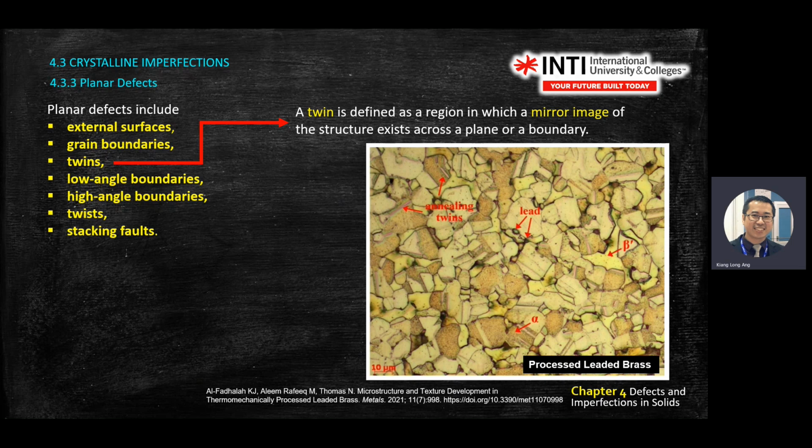All these are twins. Twins are like the same surface going parallel like that. So you should be able to identify. This one is on brass. You can see all these straight lines, or I can say strips. It's called twins.